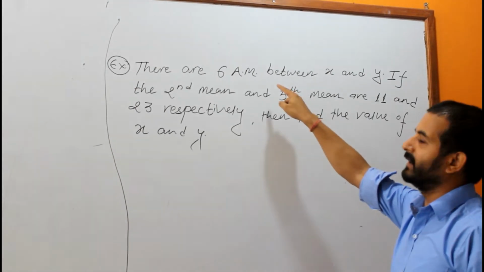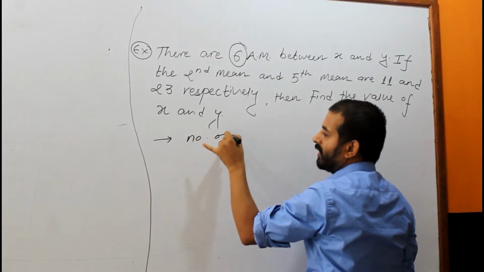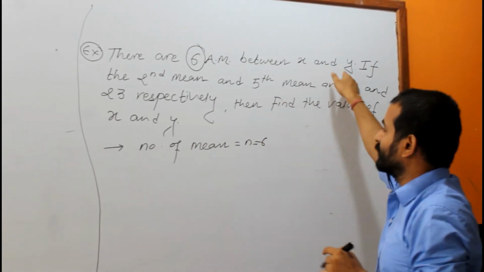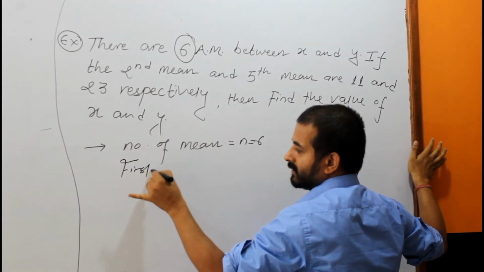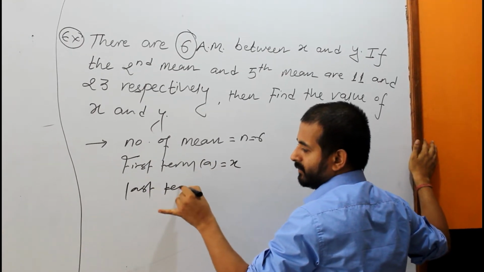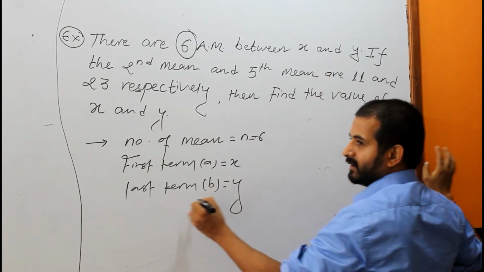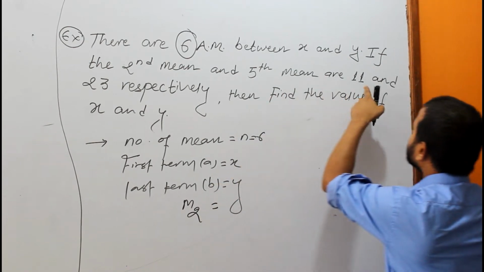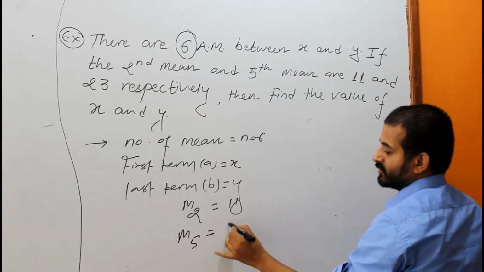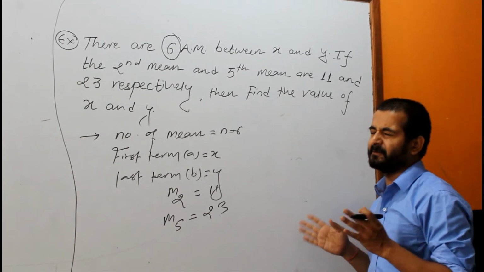There are 6 arithmetic means. Number of means N equals 6, between X and Y. First term A is X, last term B is Y. If the second mean M2 is 11 and the fifth mean M5 is 23, find the values of X and Y. Now this is going to be a little different from the previous one.